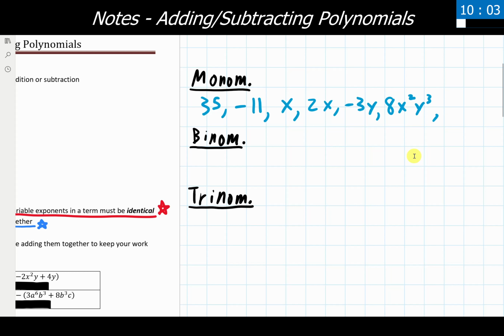We'll go with one that has 3 variables for the sake of one final example. Let's do 7a squared b to the third c. Why not? I have 4 things multiplying together here: the 7, the a squared, the b cubed, and the c. Because they are all multiplying together, this whole thing is considered to be a monomial.